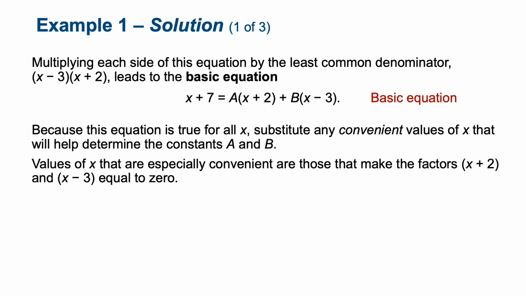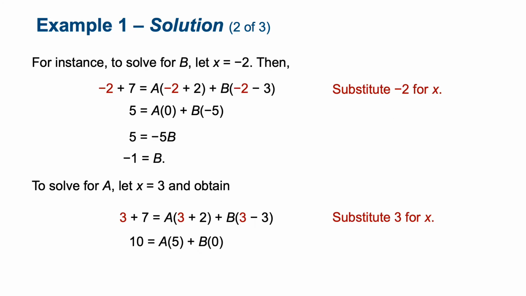It says you pick values, because we're talking about equations and variables that could be any value of x. In this case, since we've multiplied it, you have a polynomial equal to another polynomial. If we wanted to solve for B, we could plug in x = −2. Why would we let x = −2?